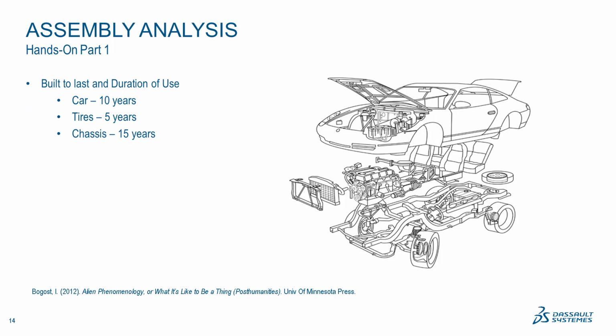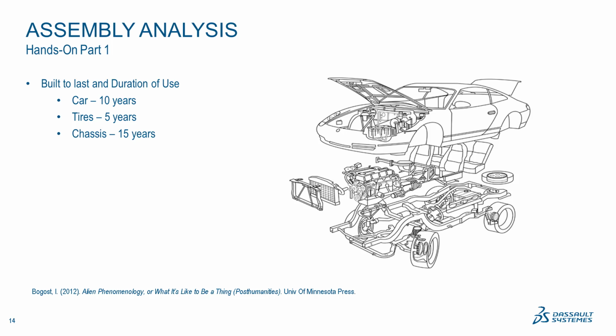One thing to note is you saw that I had built to last and duration of use defined as 2 different parameters. In this example, we're looking at a car. You can imagine the duration of use to be 10 years for this car. We will only need to consider the environmental impacts of 1 chassis, because that is built to last longer than the duration of use.